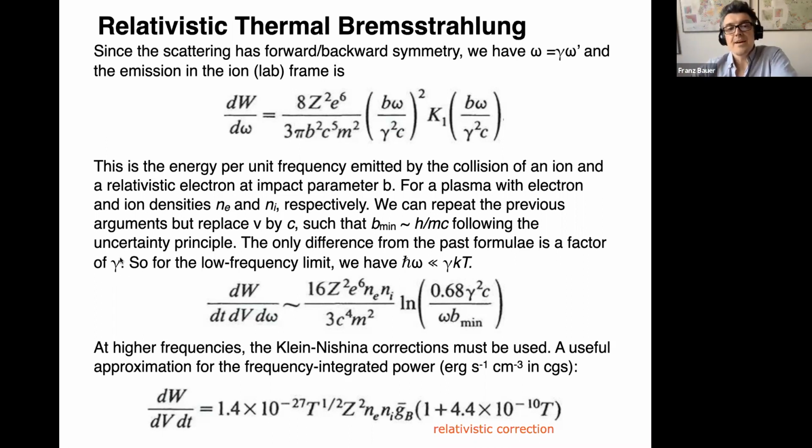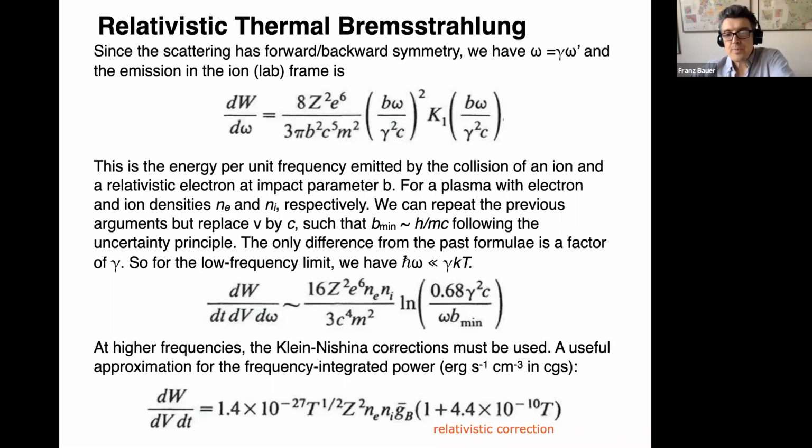And so the only difference from the past formula is an extra factor of gamma and c. And so in the low frequency limit here, this thing here, remember we've now converted this from omega prime to omega, so we have an extra factor of gamma. This thing should roughly be proportional to this. And so we end up having factors of c here instead of v as we had before.